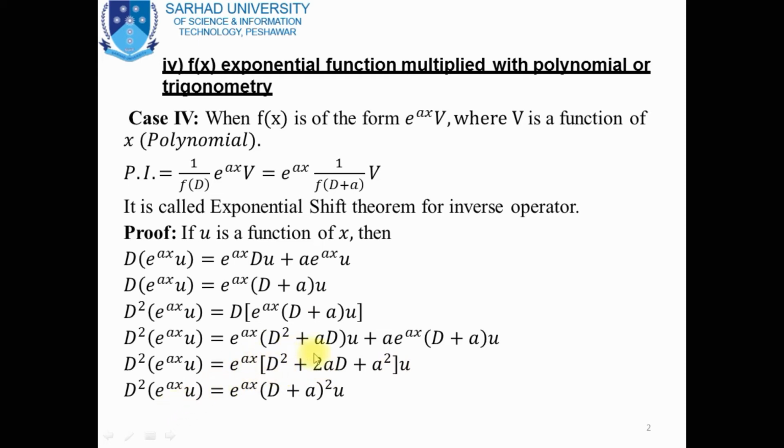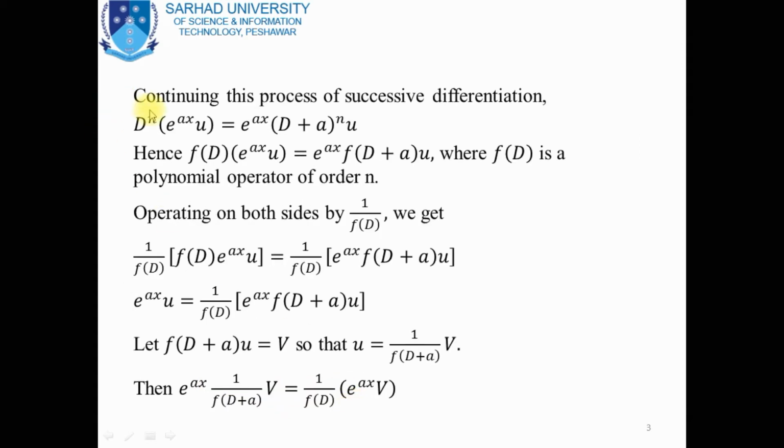So the second derivative in its simplest form, using the formula a squared plus b squared plus 2ab, is: the second derivative of e^(ax) into u is equal to e^(ax) into (D+a) whole squared into u. Continuing this process of successive differentiation, we obtain the n-th derivative: the n-th derivative of e^(ax) into u is equal to e^(ax) into (D+a)^n into u.